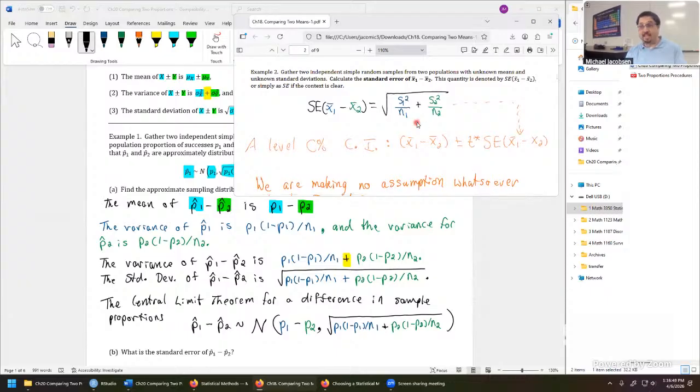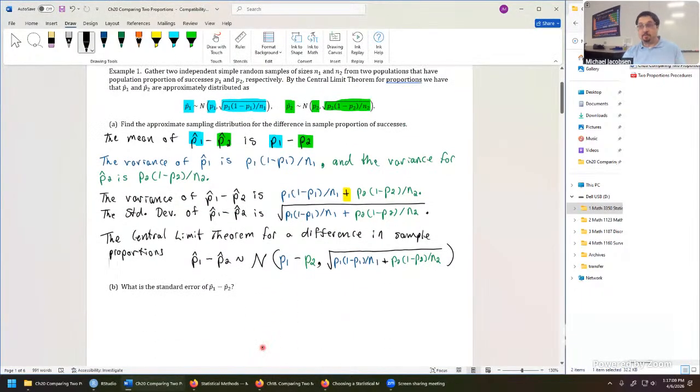Here we're doing the same exact thing. P hat 1 right here is an estimate for the unknown P1, which is also this entire portion here. Likewise, P hat 2 is an estimate for this portion right here. So even though both parts are unknown, we can give a really good estimate for this part right here. So let's write out that step. The standard error for P hat 1 minus P hat 2 is going to be equal to the square root of, first we put in the estimate just using P hat 1.